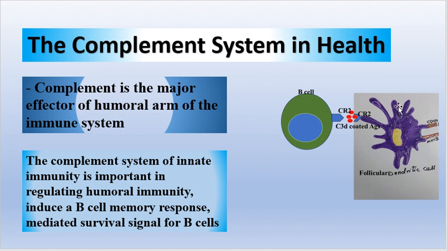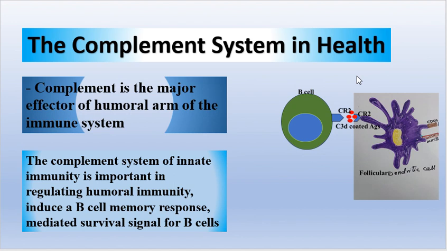this is the dendritic cell. Also, they express complement receptor type 2, and they express this receptor, and it allows the coated antigens to bind. So this story takes place in the germinal center, and it will result in many important things.